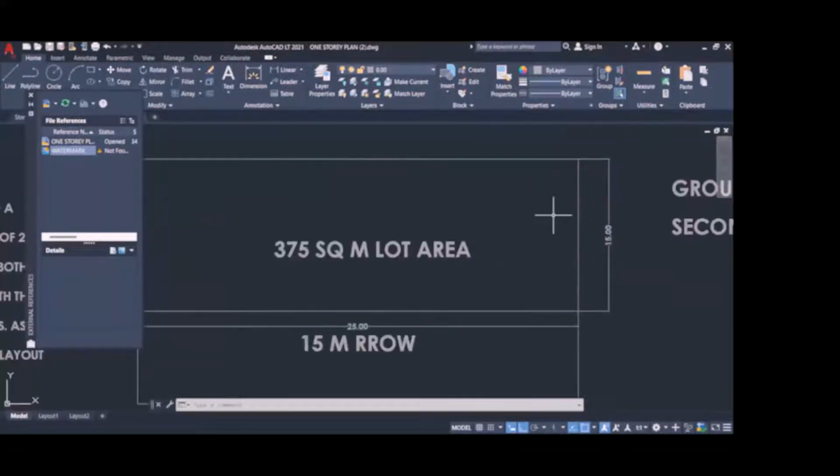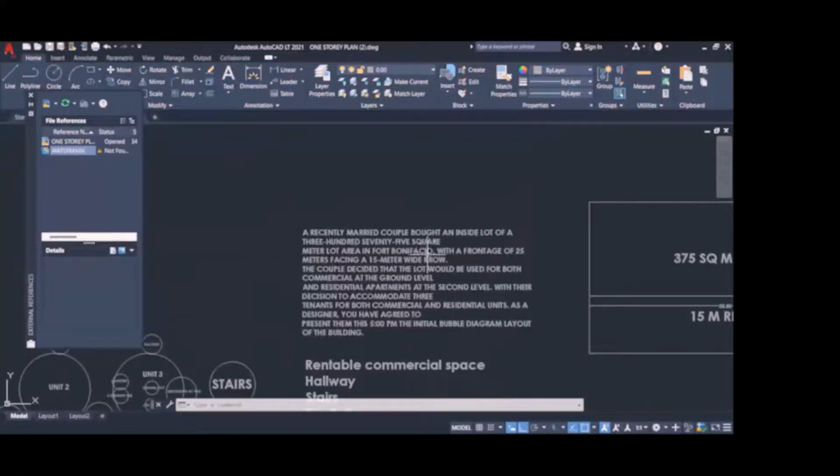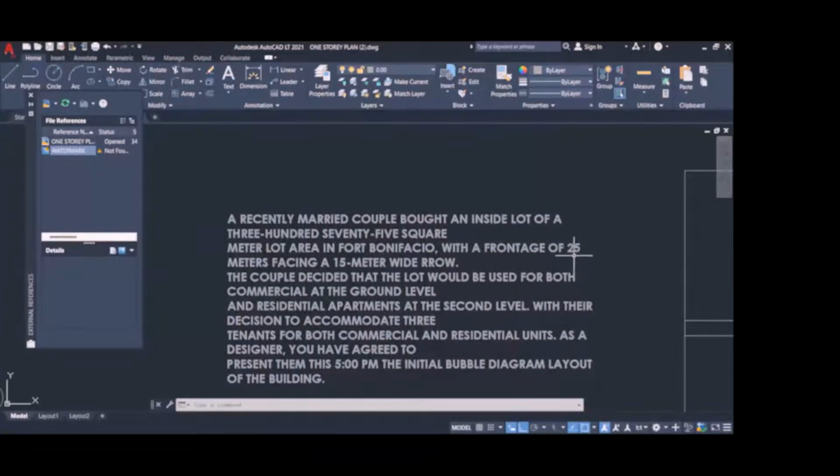So dito, naggawa muna ako ng parang draft or drawing na square para lang ma-visualize ko kung ano yung itsura ng lot. By this time, alam ko na itsura ng lot kasi it's an inside lot. It gave me a clue. So doon pa lang, na-draw ko na kung ano yung itsura ng lot. Then with a frontage of 25 meters facing a 15-meter wide road right-of-way.